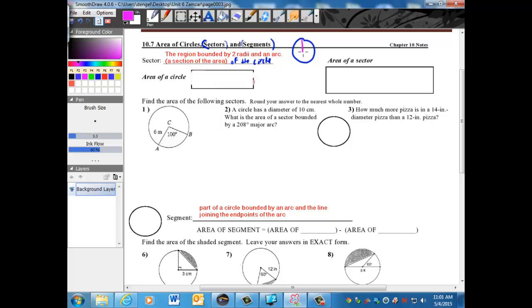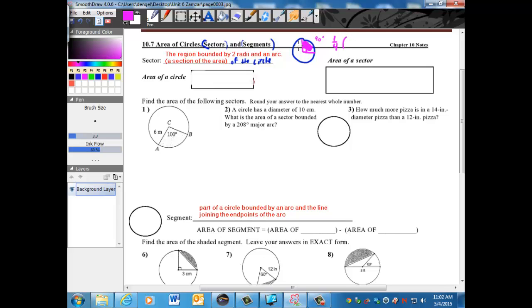And so if we were to say this is a 90-degree angle, that means the measure of the arc is also 90 degrees. But let's say that I wanted to find the area of this entire piece of pie that I'm going to eat. Well, since we have a 90-degree angle, we know this is going to be 1/4 of the total area of our circle.